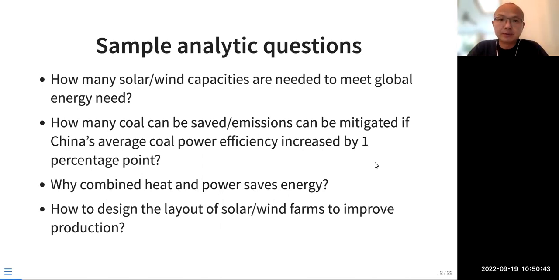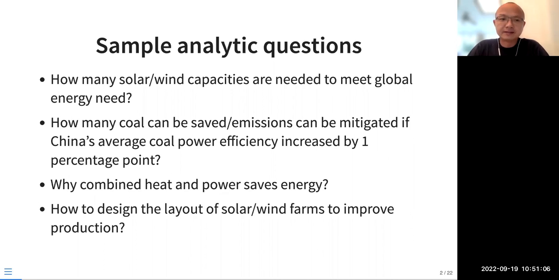Some sample analytical questions for this session. For example, how many solar and wind capacities are needed to meet global energy demand? And how much land is required to meet such demand?